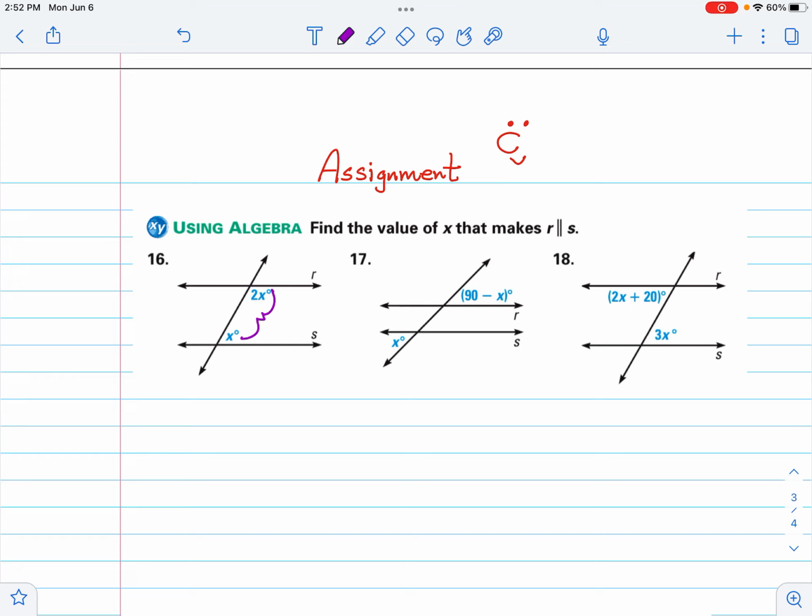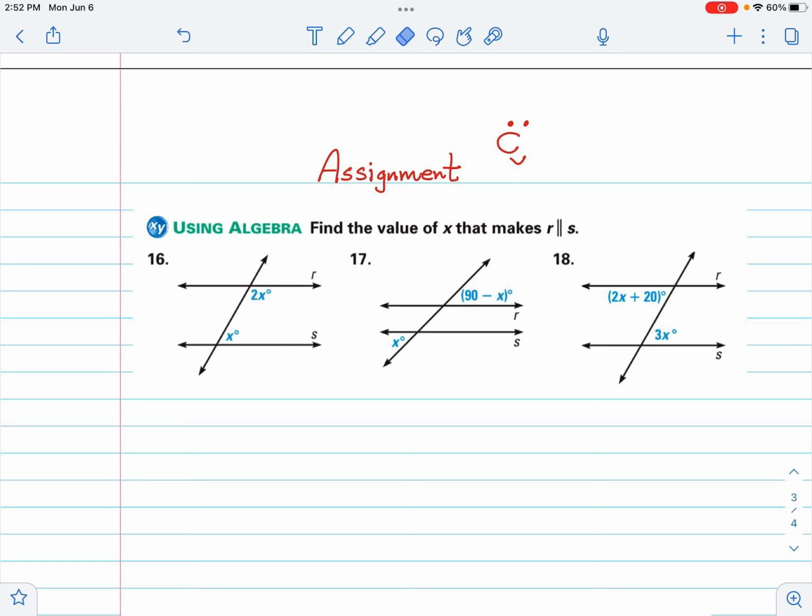So you have to say 2x plus x is equal to 180. Over here, you have 90 minus x degrees, and down here, x. Okay, so you have these two. Well, those have to be equal.